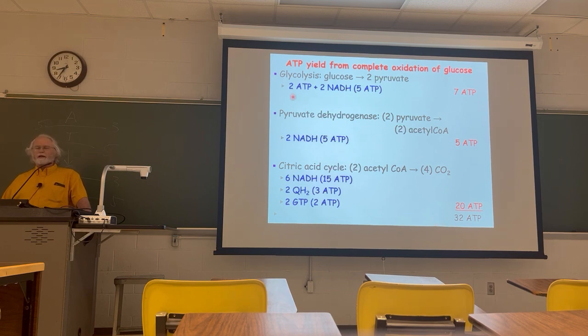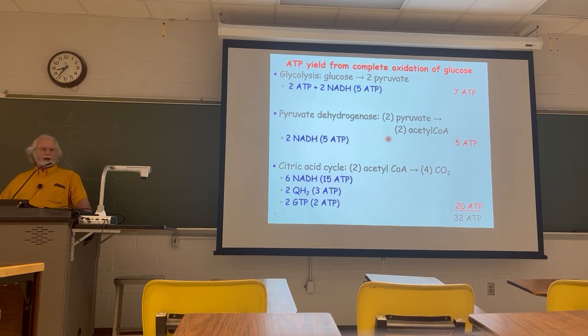So we're starting with glycolysis. We know that there's a net yield of 2 molecules of ATP in glycolysis. And there's 2 NADHs that are produced. And if we're using the citric acid cycle, then those NADHs can generate energy for making 5 ATP. So from glycolysis, we can gain enough energy for making 7 ATPs.